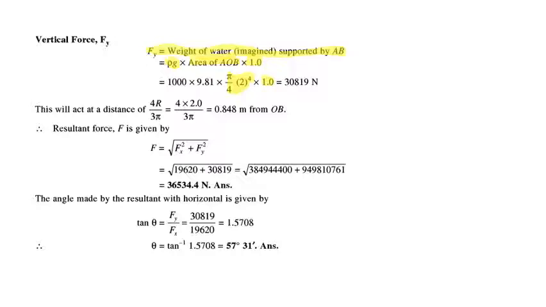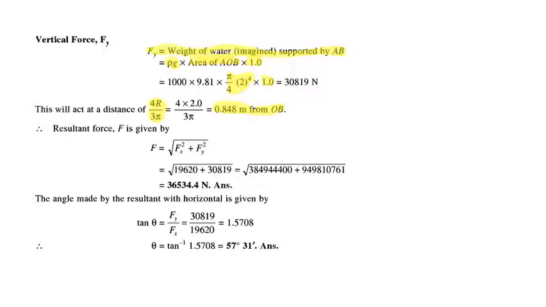And it will act at a distance of 4r over 3 pi, which is the centroid position for a semicircle or a quadrant. So it is 0.848 meters from OB. It is also given in the figure. You can refer back to it.